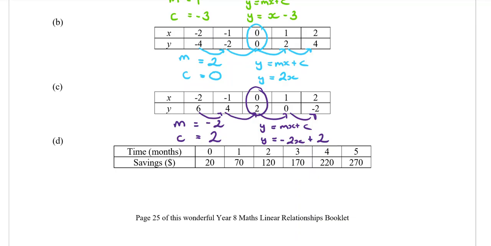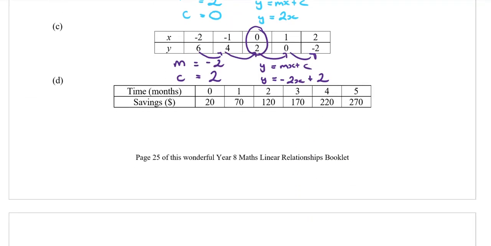Great. Okay, one last one. This is a bit more of an application because we don't always have to have x and y. Our graphs can represent other things. So this information here is obviously time is passing, and we've got some savings in dollars, and we want to find an equation of what is happening there. So sticking to our process, as we go across the bottom here, these numbers are going up by 50.